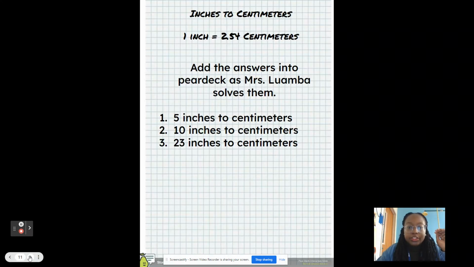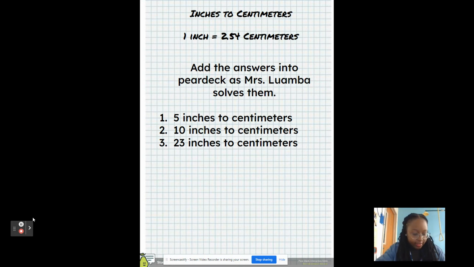But the way we're going to do it, because we only have one conversion from the U.S. customary system to the SI system, which is 1 inch equals 2.54 centimeters. So if I give you 5 inches and I want you to convert it to centimeters, I'm going to multiply 5 by 2.54.